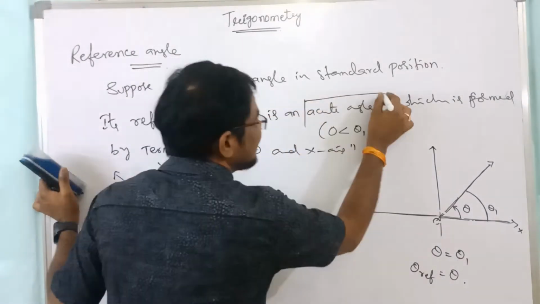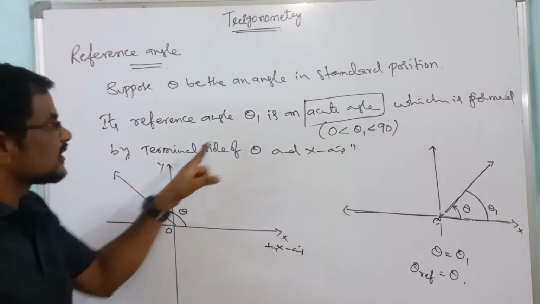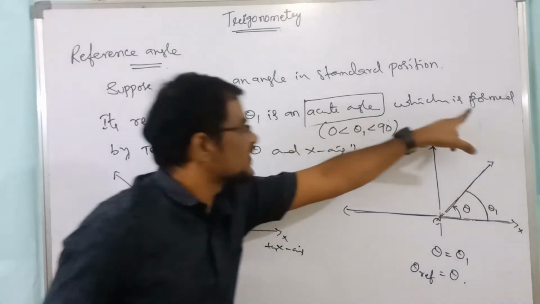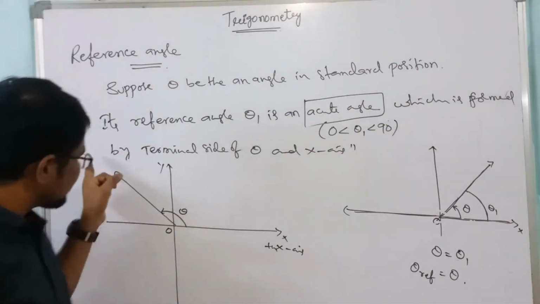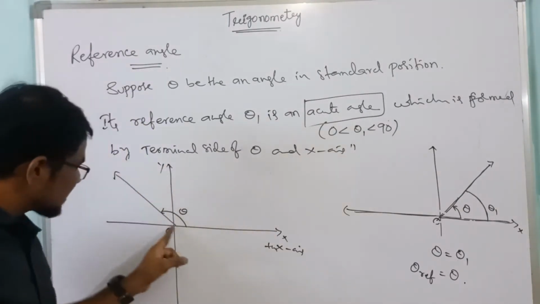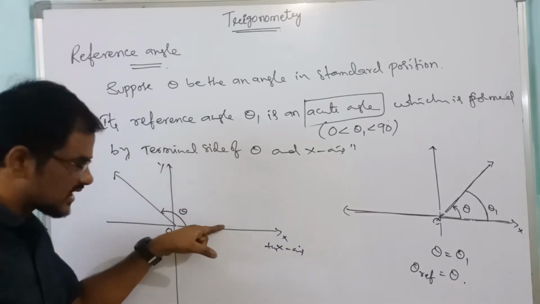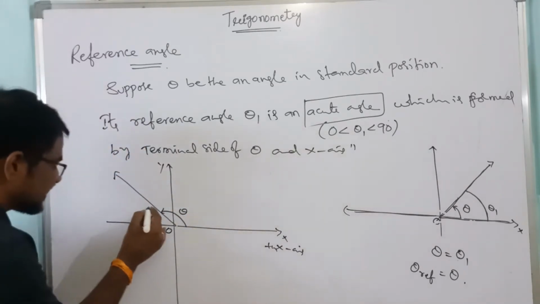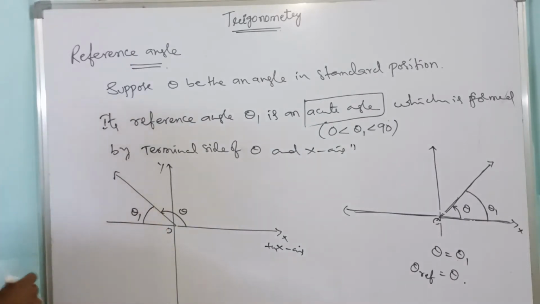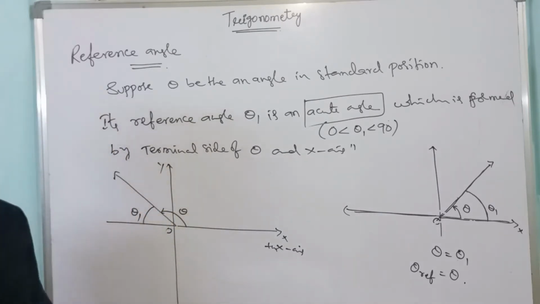How do we get that reference angle? It is an acute angle formed by the terminal side of theta and the x-axis. Here also there is an x-axis, and here also there is an x-axis, but if you take the angle here, you will get an acute angle. So definitely we have to take theta 1 here. This is the reference angle of the given theta.